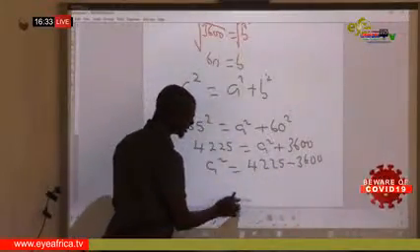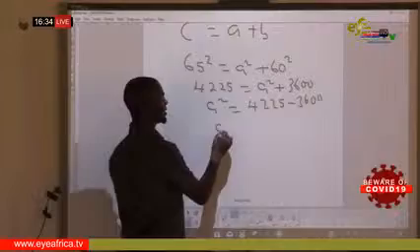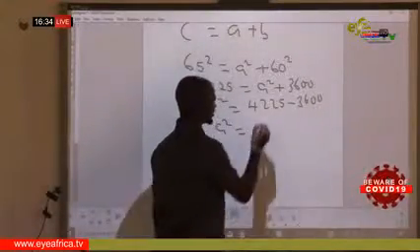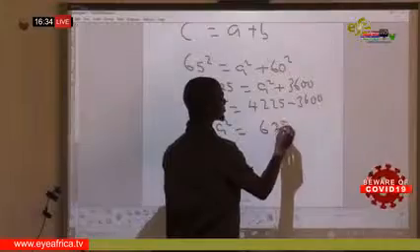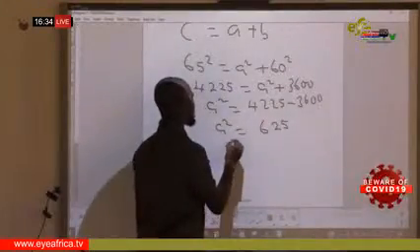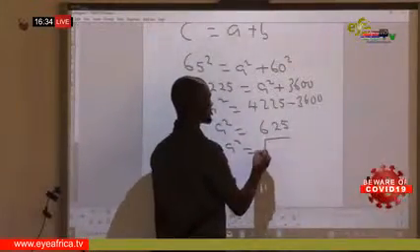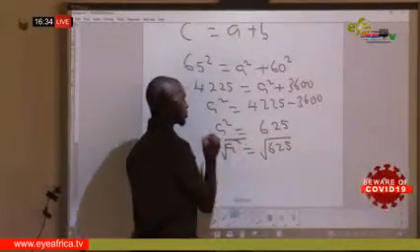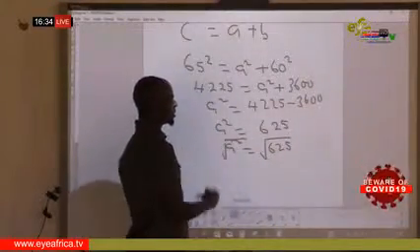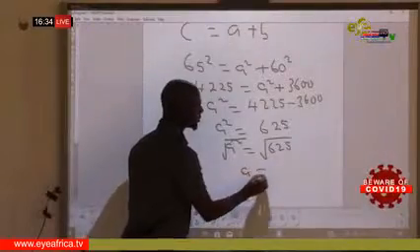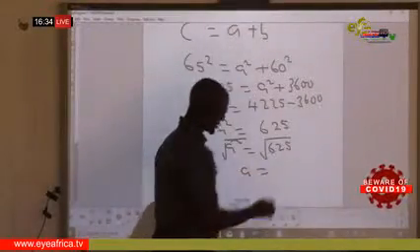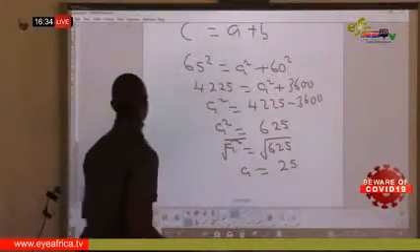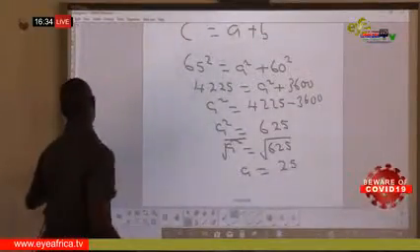If we subtract that, we'll have A square is equals to 625. So A is equals to the root of 625. We root this one also, so the square will cancel the square. A is equals to the root of 625, which is 25. That is the value of A.